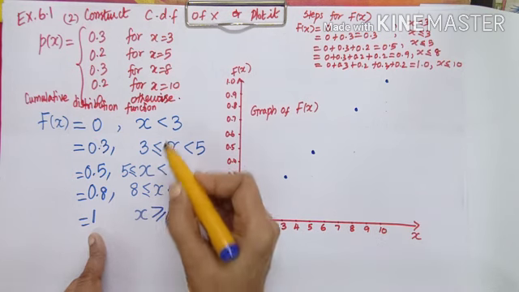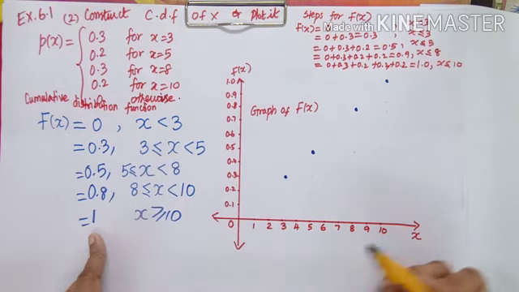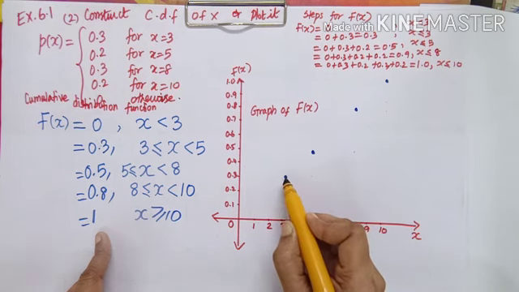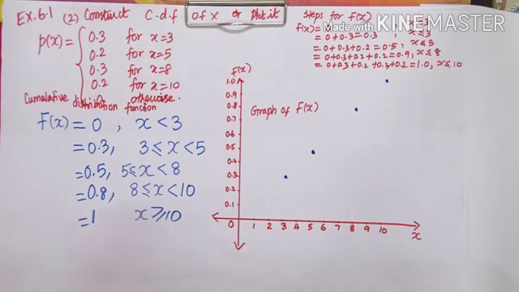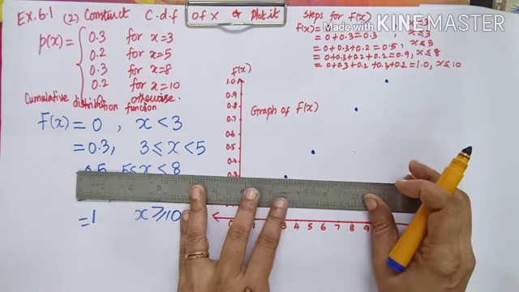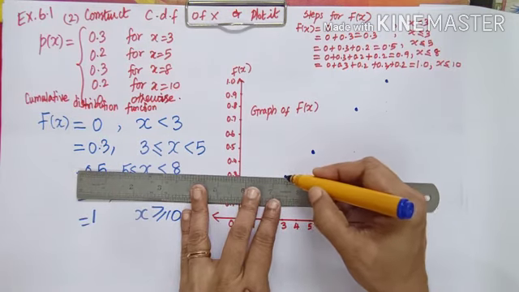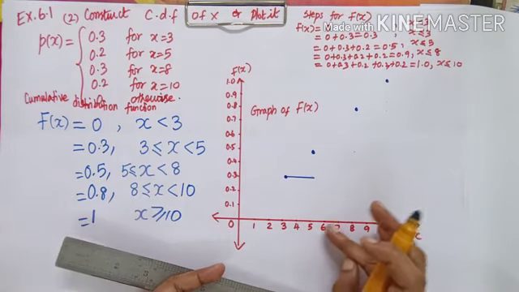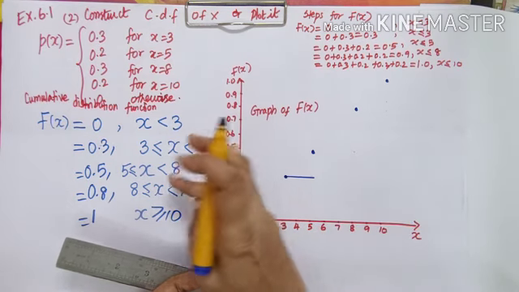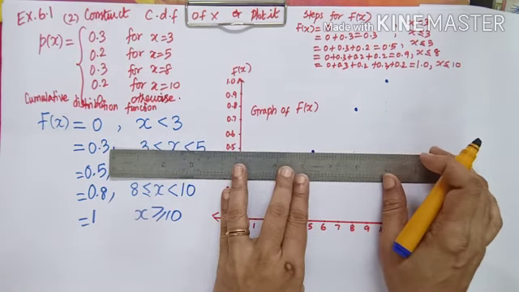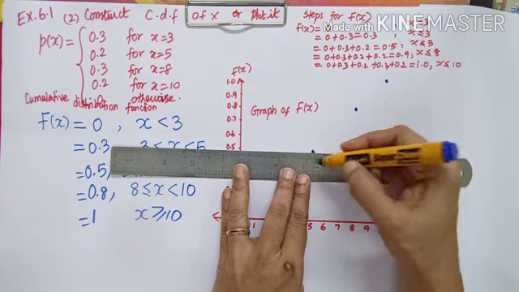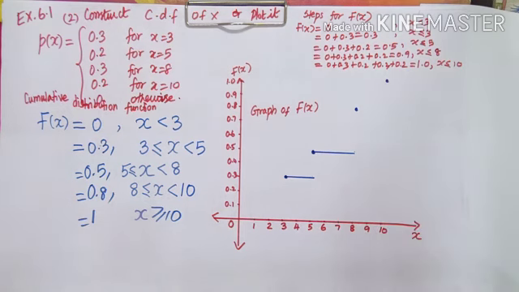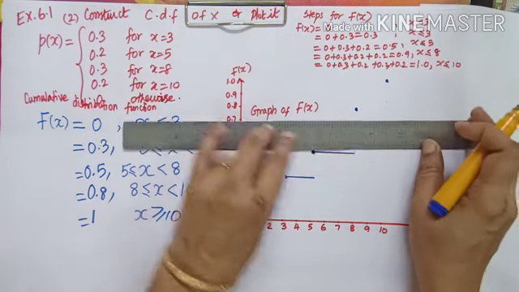Now, when I say cumulative distribution function, if I am at 4 or 4.5, my answer is that same 0.3 only. So extend it as a step. 3 up to 5, it is the same. Similarly, from 5 to 8, it is the same, equal to 0.5 only. And from 8 to 10, it is 0.8 only.